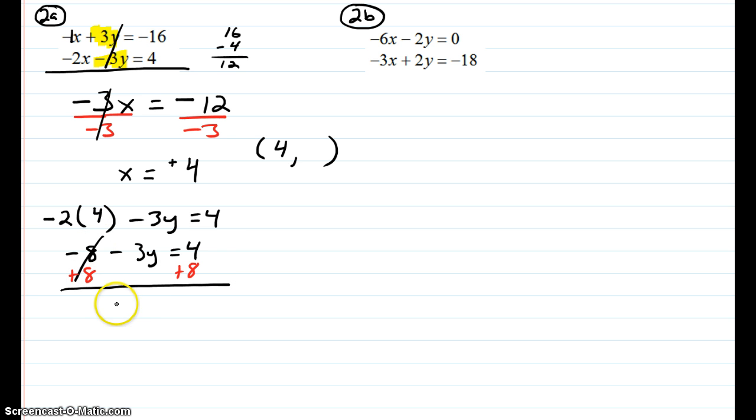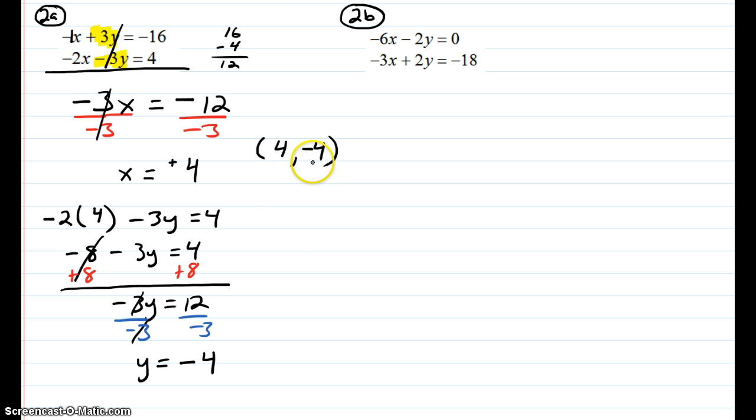These go away, and we get negative 3y equals 12. Divide both sides by negative 3. And we get y equals, here we have a positive divided by a negative, which is a negative, and 12 divided by 3, which is 4. So I think my answer is 4 and negative 4.